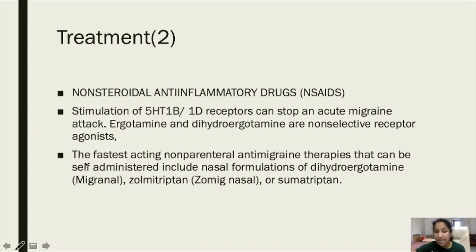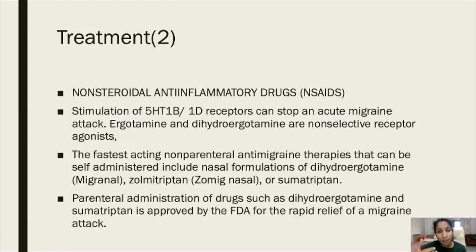the fastest acting non-parenteral anti-migraine therapies are the nasal formulations. So Migranal, Imitrex nasal, or sumatriptan, all these things can be given through the nose as nasal formulations, and also through parenteral administration.